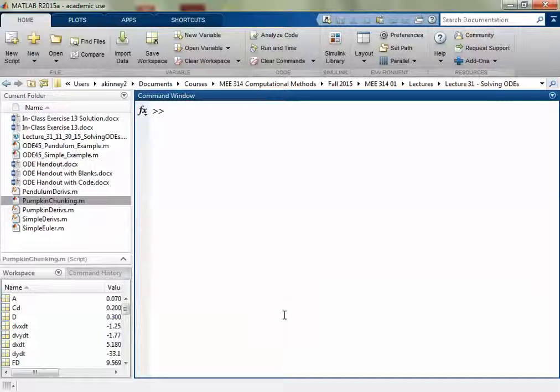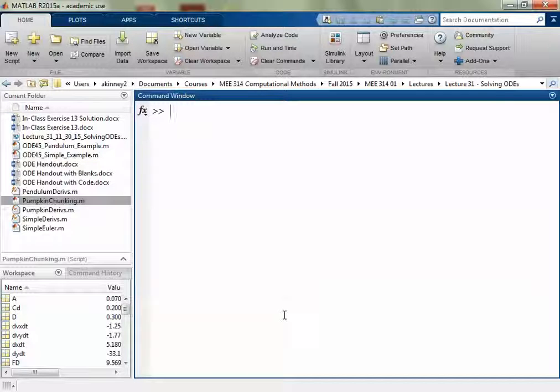Okay, so now if we're going to apply our Euler's method to solve this system of differential equations, we have our generic formula for the Euler's method. We said y at the next point, i plus 1, is equal to y at the current point, i, plus f of t sub i, y sub i, multiplied by h.